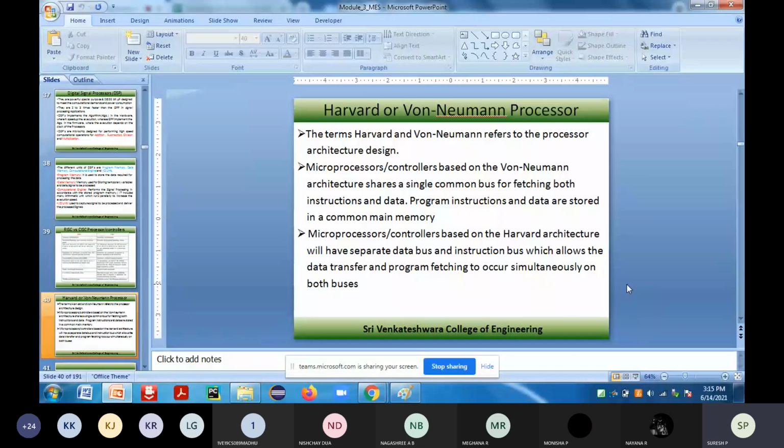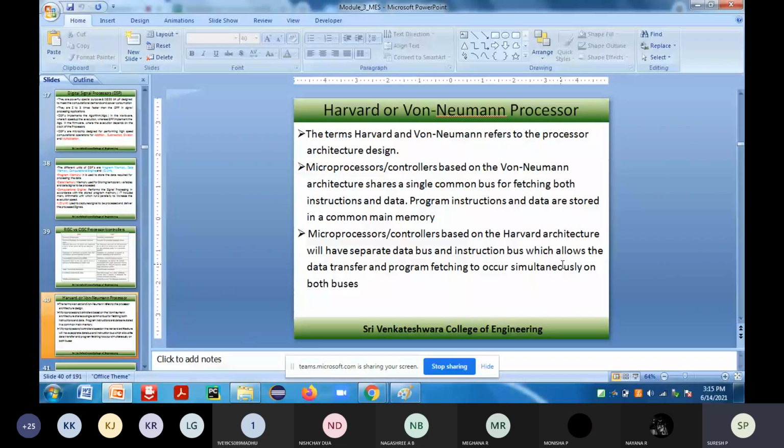Now, if you take the Harvard architecture, it has separate buses. You have seen how the Harvard architecture looks and how the von Neumann architecture looks. In the Harvard architecture, there is a separate data bus to access the data and a separate instruction bus to fetch the program.